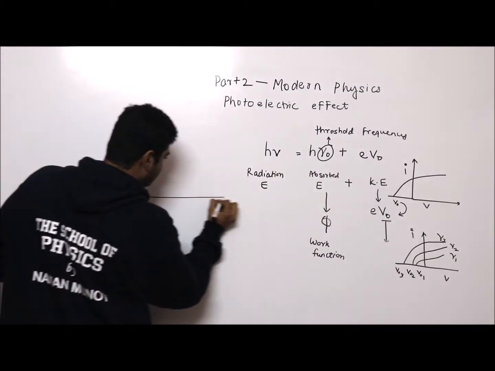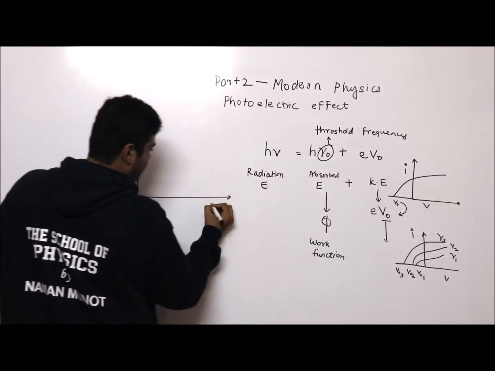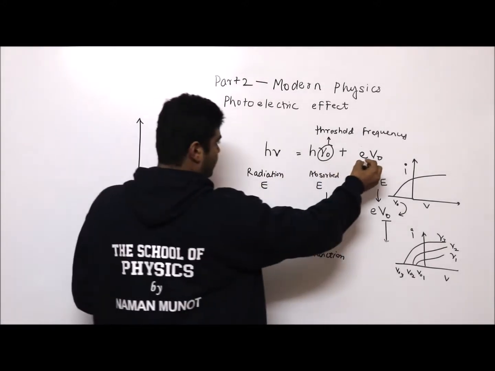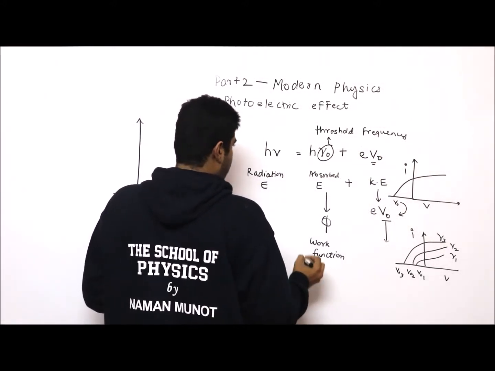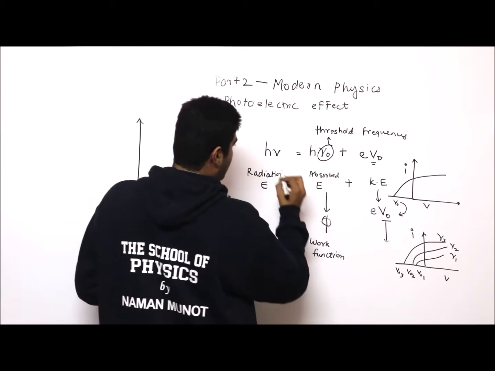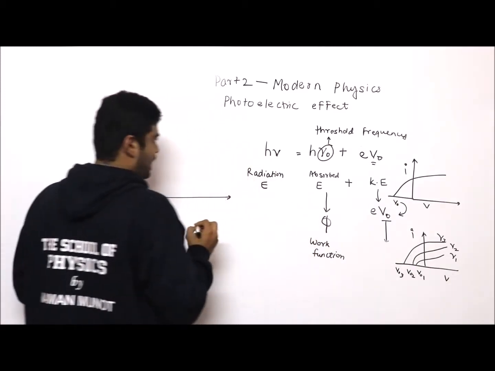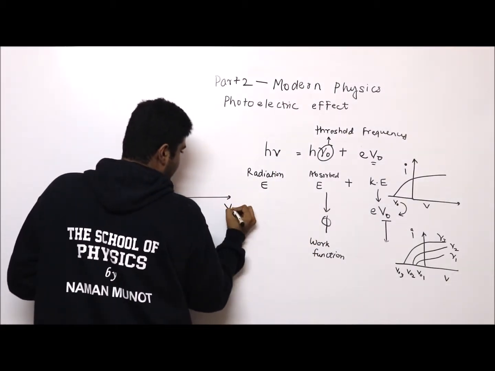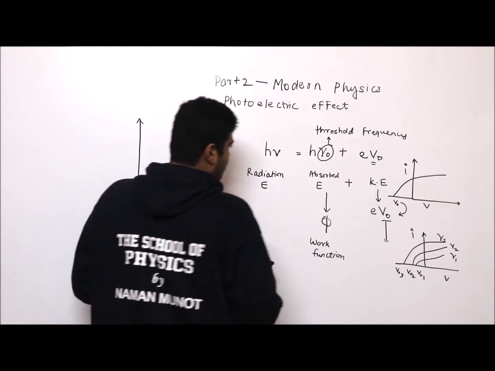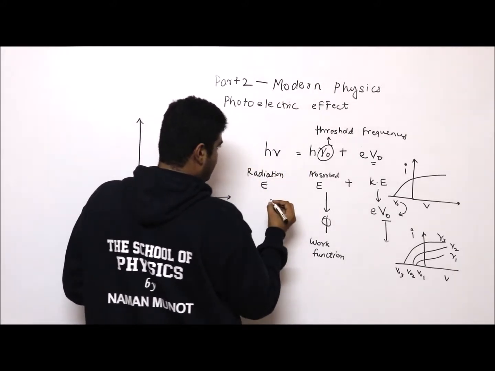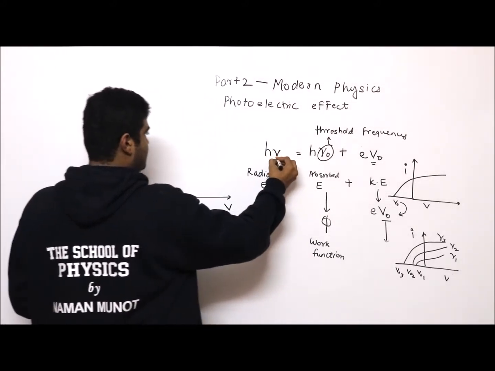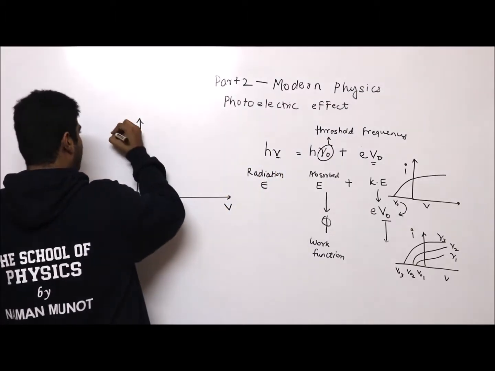Suppose V naught is my y-axis, and mu, the frequency, is my x-axis.